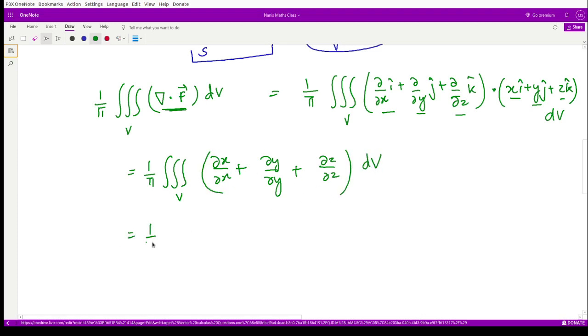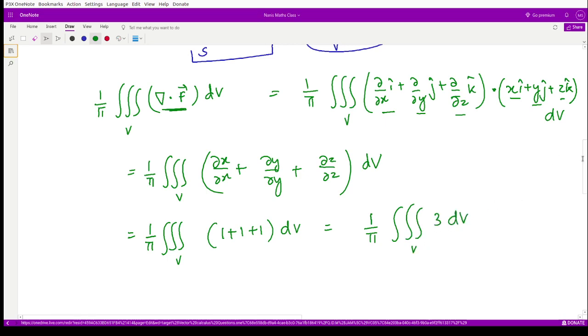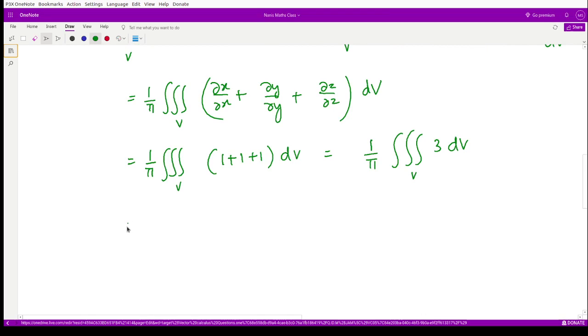Now what is the partial derivative of x with respect to x? That is 1. So you have 1 plus 1 plus 1 here, dV. So accordingly you have 1 upon pi triple integration over the volume V of 3 dV, right? And you can also take this 3 common, so you have 3 upon pi triple integration over the volume V of dV. Now what is this thing?